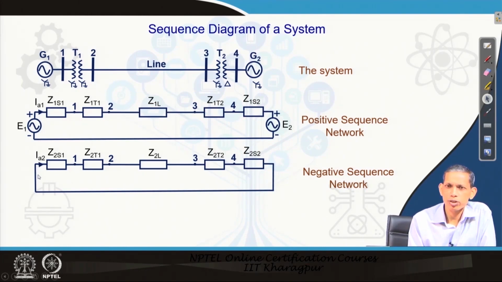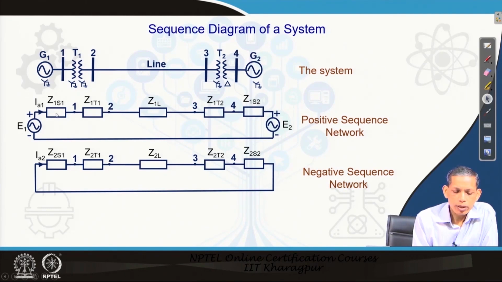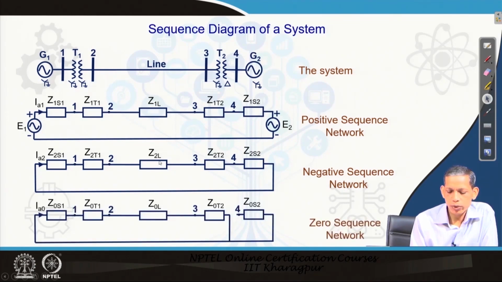So, there is no negative sequence component. Each of the components and their associated negative sequence impedances are provided here: Z 2 S 1, Z 2 T 1 for transformer 1, Z 2 L, Z 2 T 2 and Z 2 S 2.